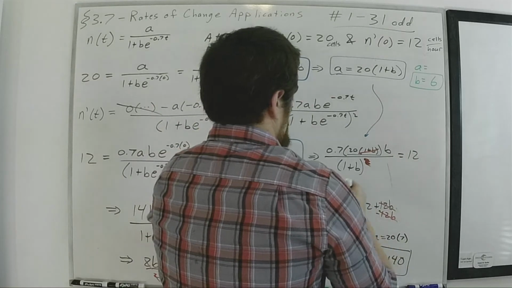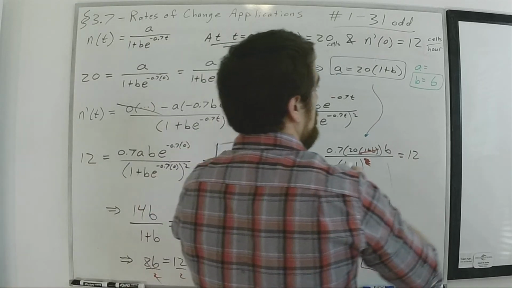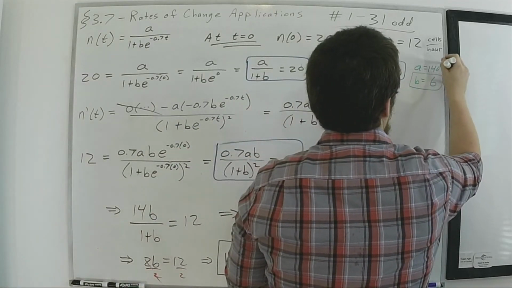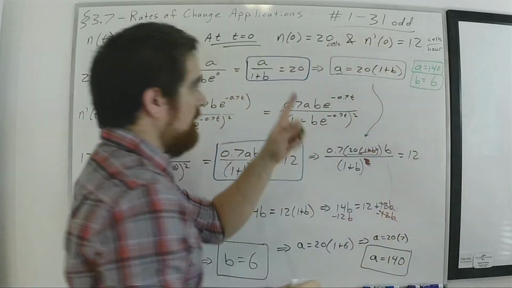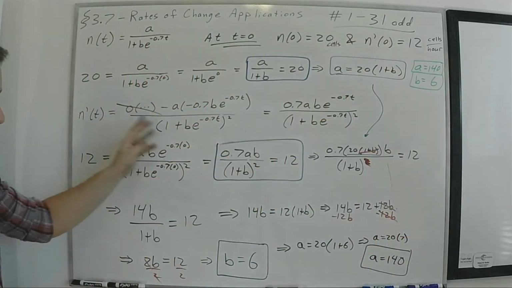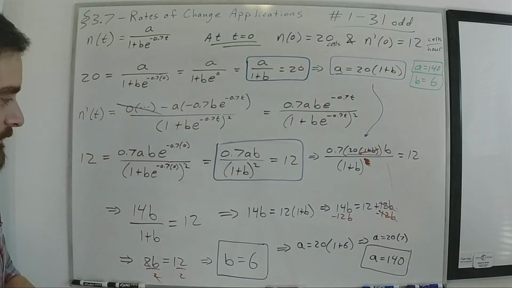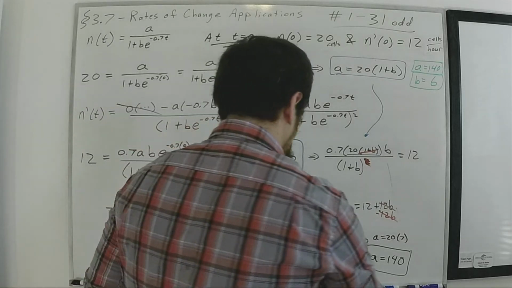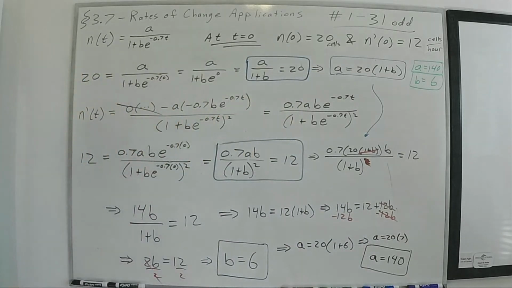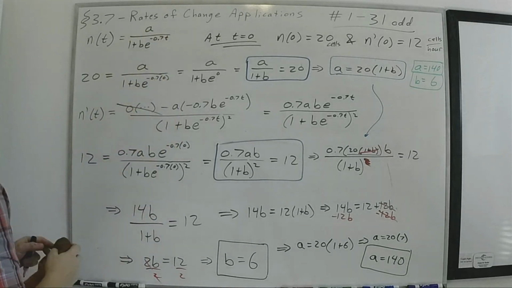So we can write down 140. Right, and the reason I'm writing them up in that corner is because I'm going to erase this for some more space, but I don't want to forget those numbers. So now that we've got a and b, we can actually properly write out the function with those numbers in place.